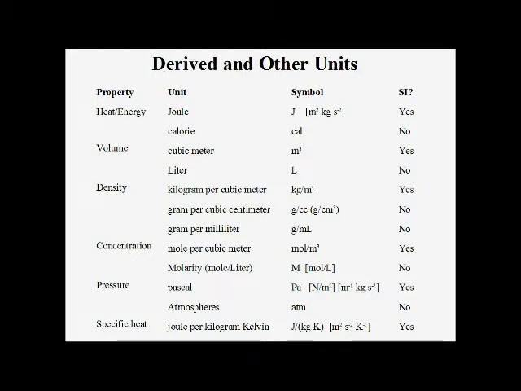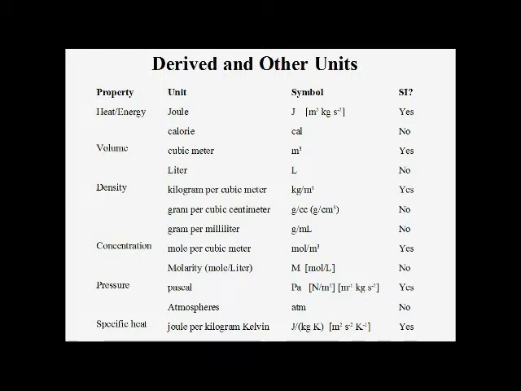The SI unit would be kilogram per cubic meter. For concentration, we like to use molarity, which is moles of solute per liter of solution. The SI unit would be moles of solute per cubic meter of solution.